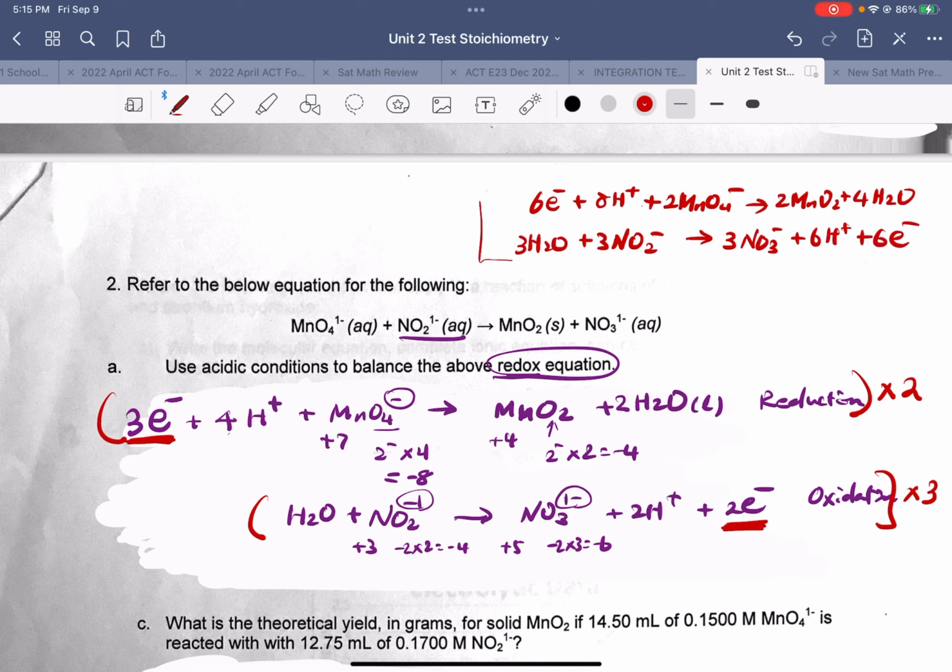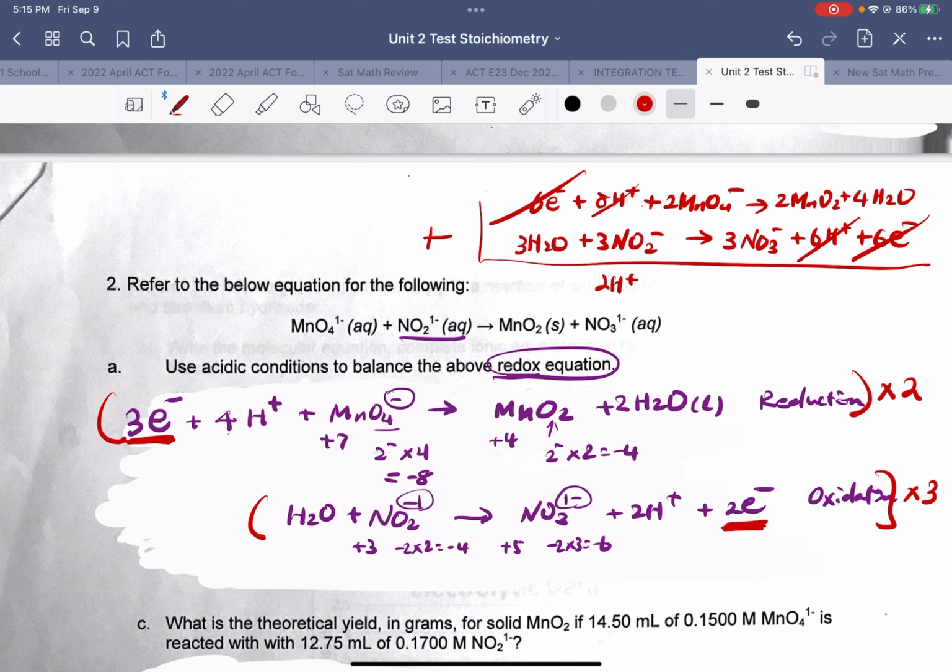So now let's add up. This one cancels. That's why you multiply by 2 and 3 in each equation. Now the H+ here will be 2H+. Okay, kind of cancel out. Now the other one, let's see when you add up.